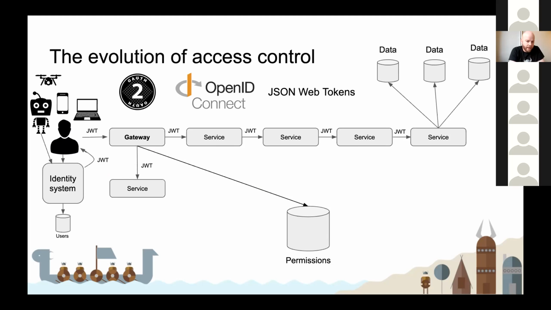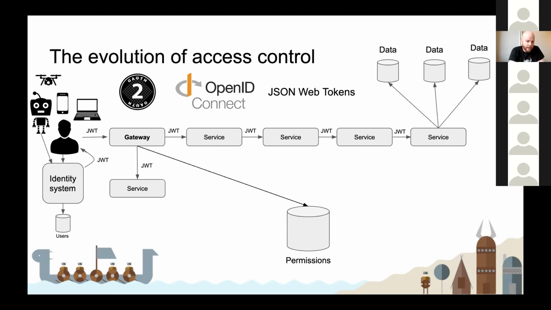and then the other services don't really need to care because they know that the gateway took care of this. But of course, a problem with this model is obviously that you might have traffic, or you might want to do things which are not really covered by the gateway, where you still want to do authorization checks.